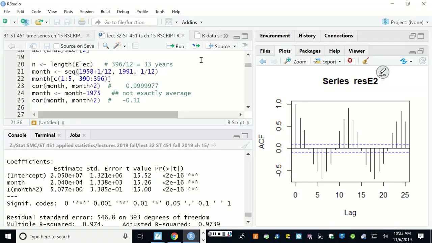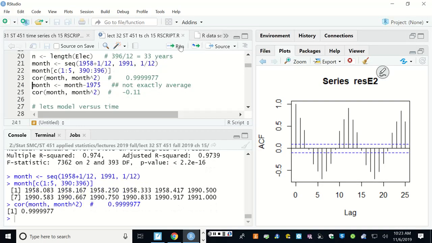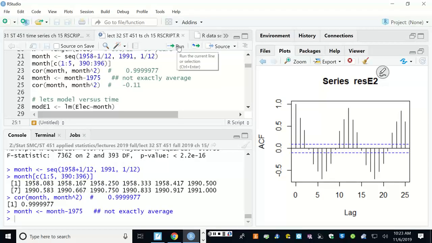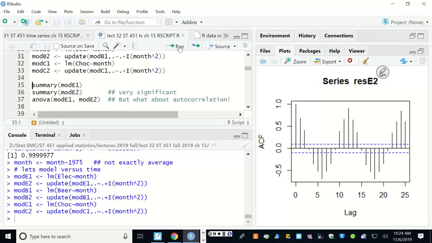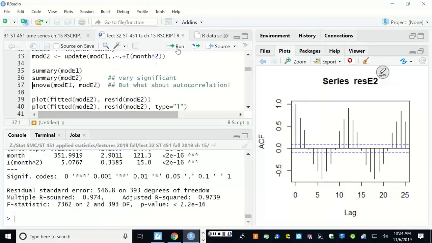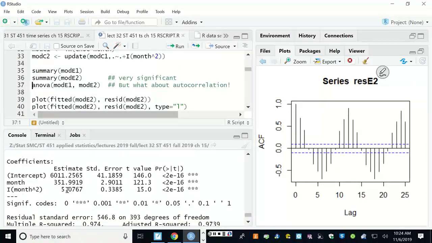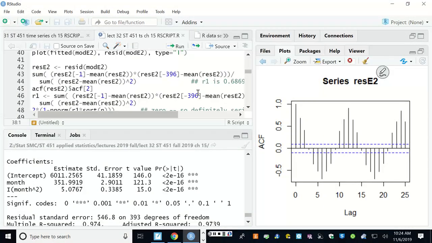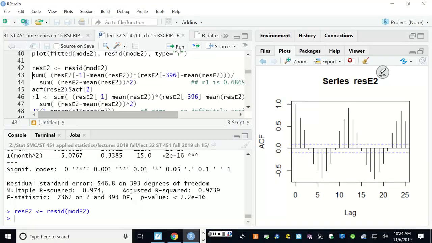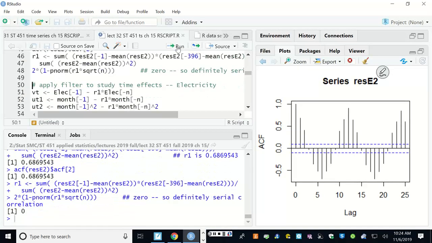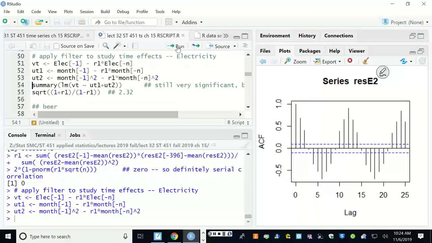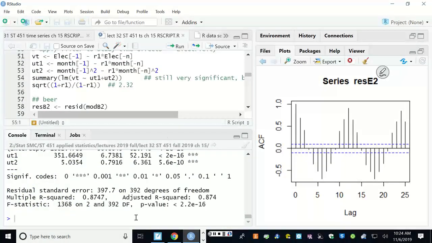Okay. So just subtract it once. Make sure I'm only subtracting it once. And then run all these regressions. And so the second one, get those coefficients, okay? And then we're going to get the residuals from that one, make sure we get the right things in r1 and so on. And filter, do that filtering right there. And then this one, okay.